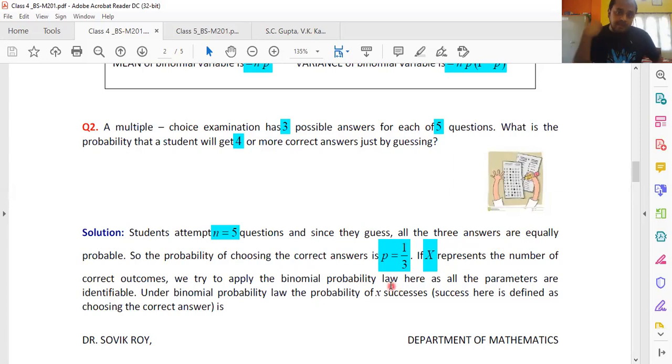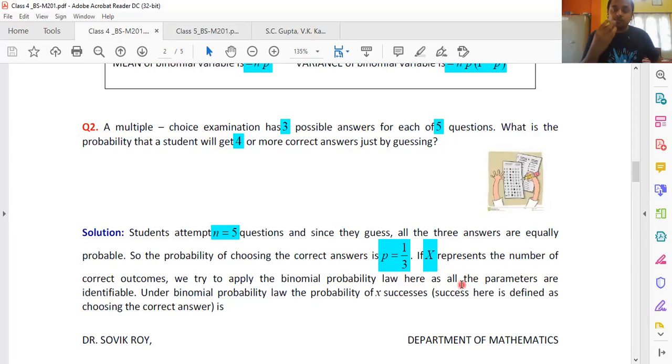Answering correctly by guessing is the success here. So the probability of success in this case is 1/3. Now, if X represents the number of correct outcomes after guessing, he can get a wrong answer or a correct answer. Looking at the question, we are interested in the chance that a student will get 4 or more correct answers.